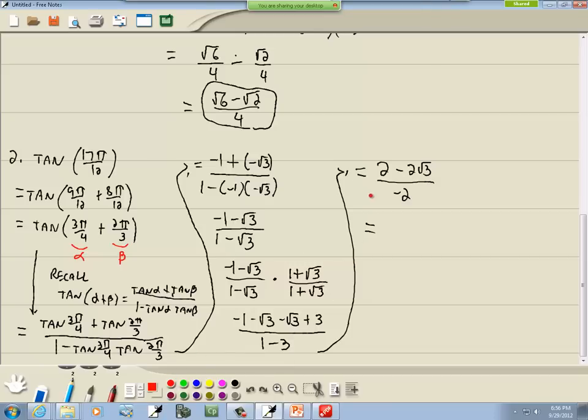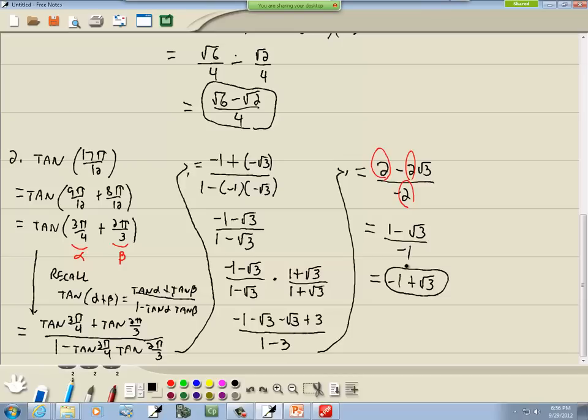From college algebra, you remember if you can divide this number and this number by the same number, do so. They're all divisible by 2, so that gives me 1 minus square root of 3 over negative 1, which gives us negative 1 plus square root of 3.